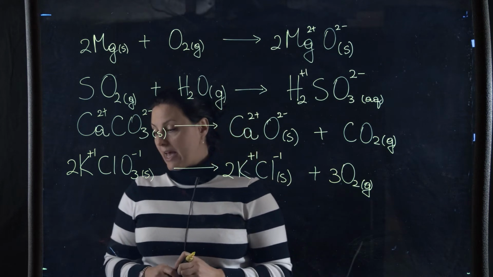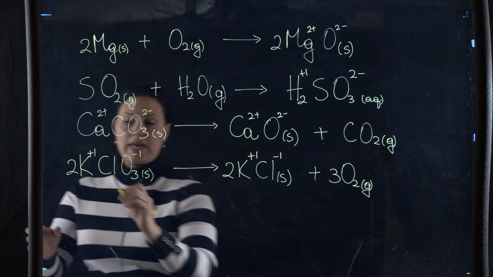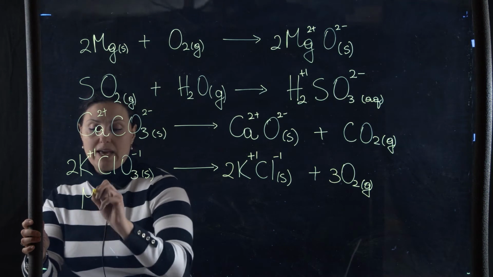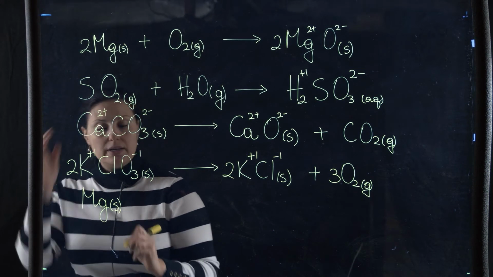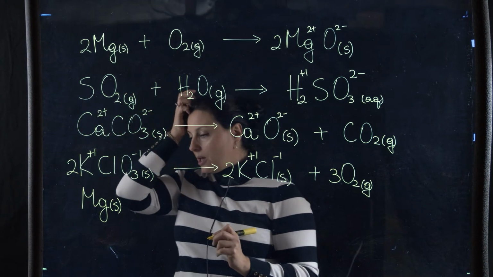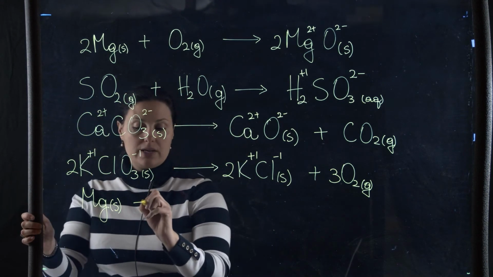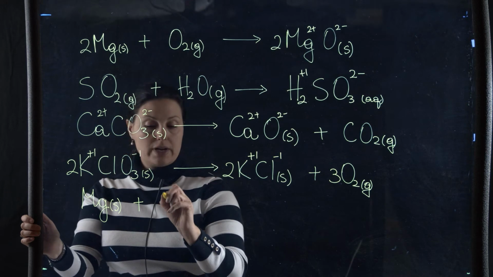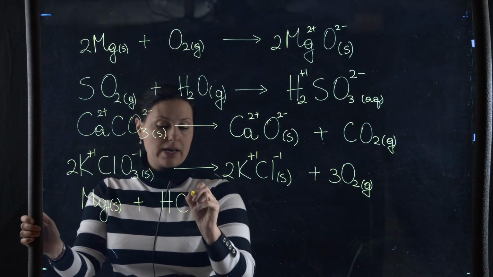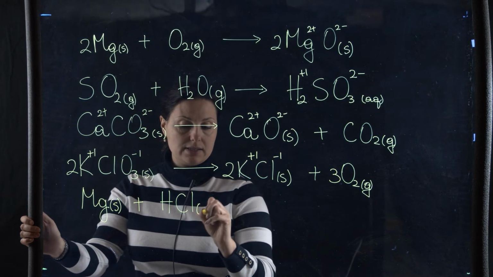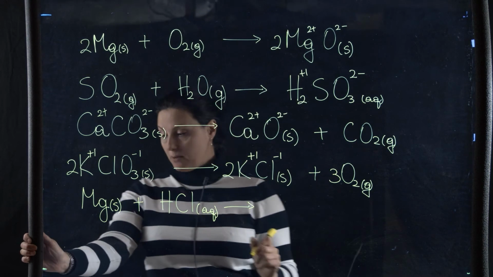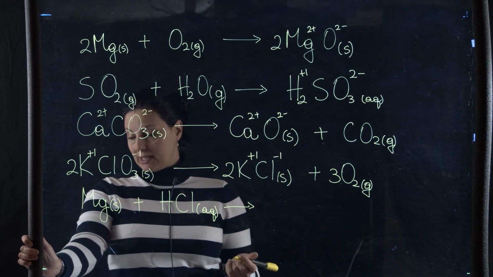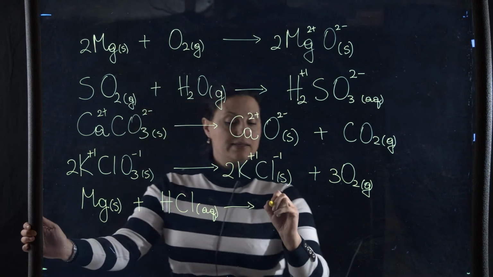Magnesium metal reacts with aqueous hydrochloric acid. I have magnesium metal, that's a solid. It reacts with aqueous hydrochloric acid, HCl, and it's aqueous, to give me aqueous magnesium chloride and hydrogen gas.